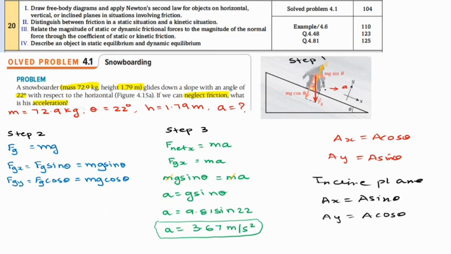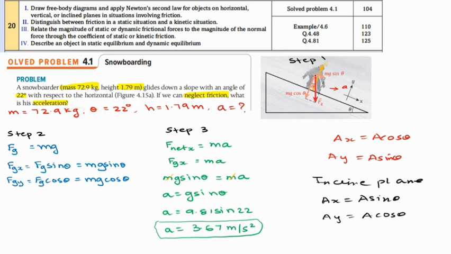Now, step 1 in solving any such problem that involves multiple forces acting on an object is that you have to draw the free body diagram. Always first draw the free body diagram, then we can go to solving it. So in free body diagram, force due to gravity will always be acting vertically downward.